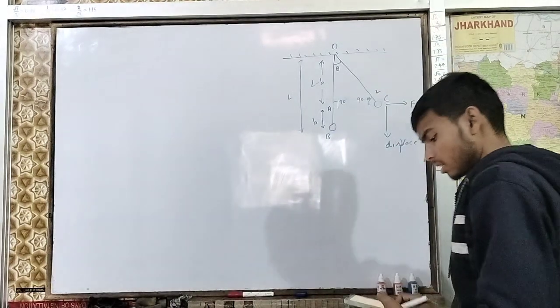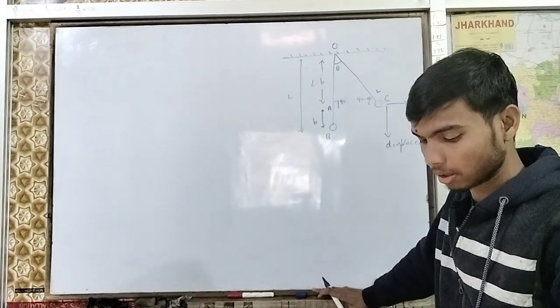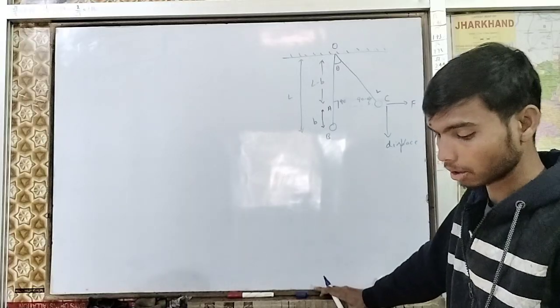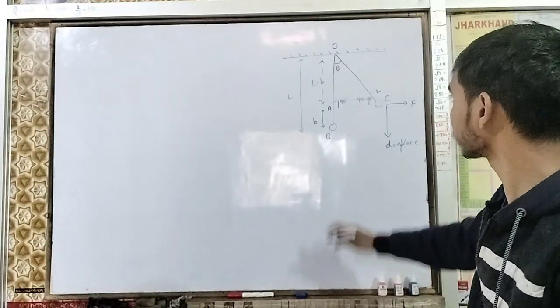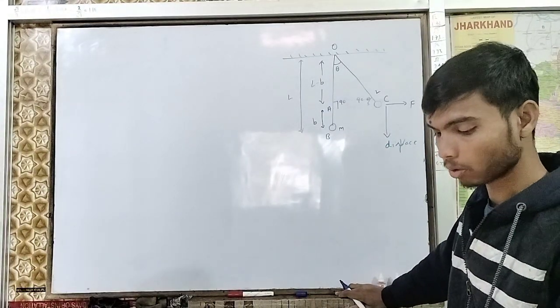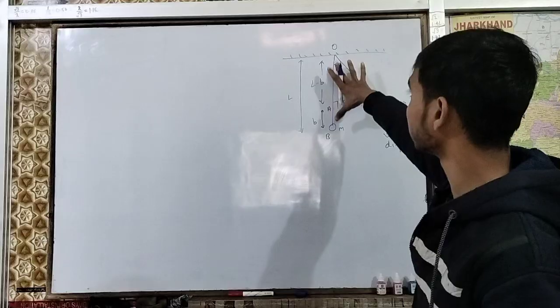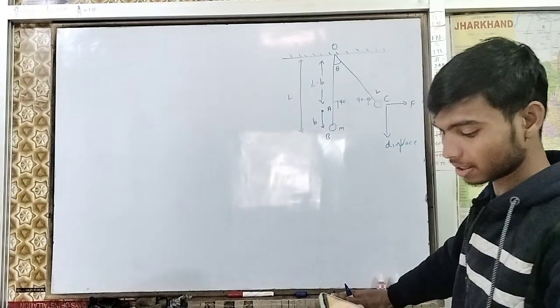Now let's read this complete question. Work done in pulling the bob of mass M of a simple pendulum of length L through an angle theta to the vertical by means of a horizontal force. The angle is also compulsory for this question.